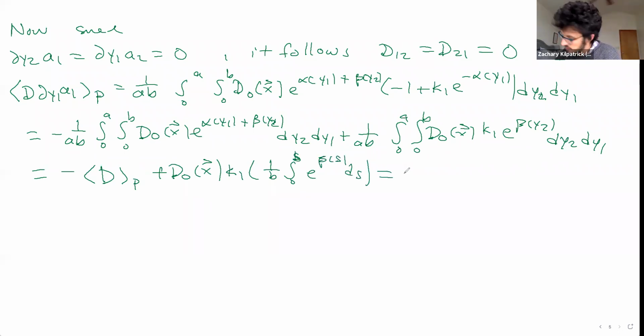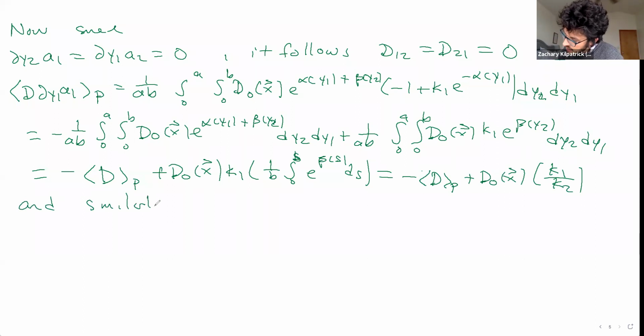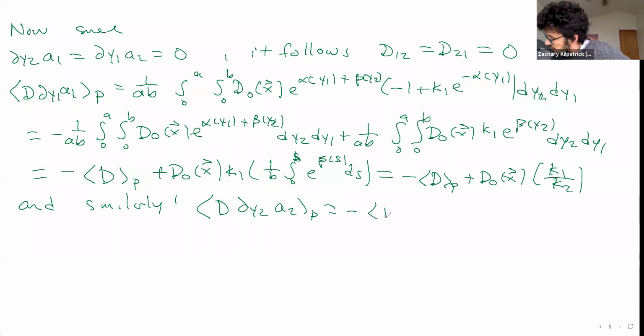Okay, which really is just minus the average of d over the cell plus d0 of x kappa 1 over kappa 2. Okay, and similarly, we end up with the average of d dy2 a2 average over p. This is equal to, again, minus the average of d plus d0 of x kappa 2 now over kappa 1.